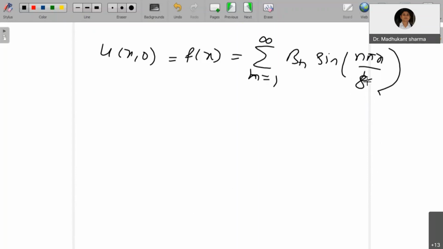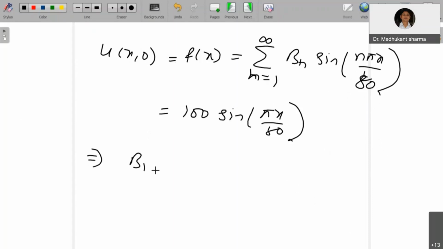What is given is 100 times sine of pi x by 80. So if you compare, initially f of x is this, which implies b1 equals 100 and b2 equals b3 equals and so on, all are 0.